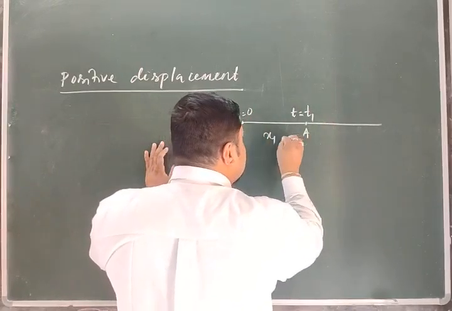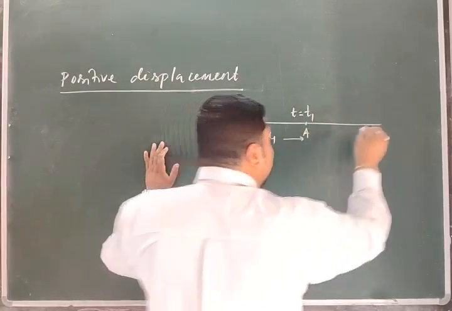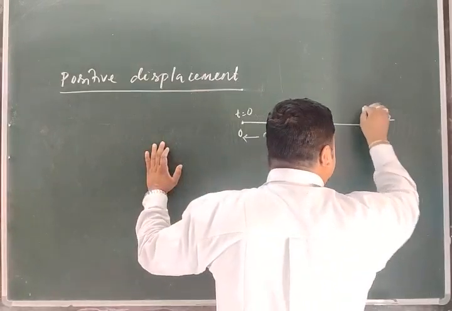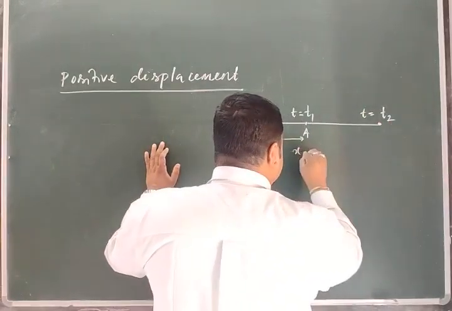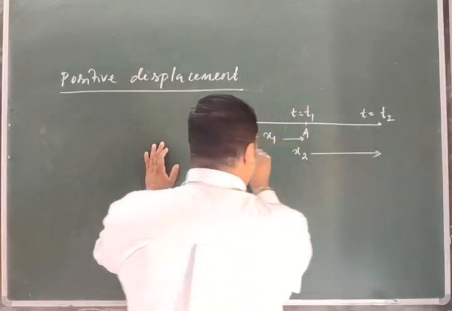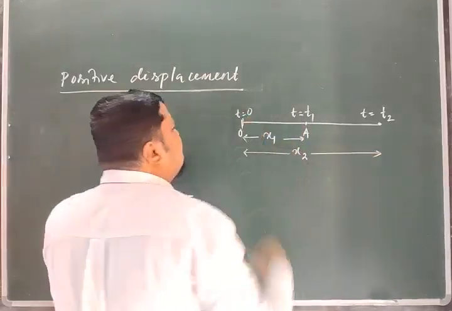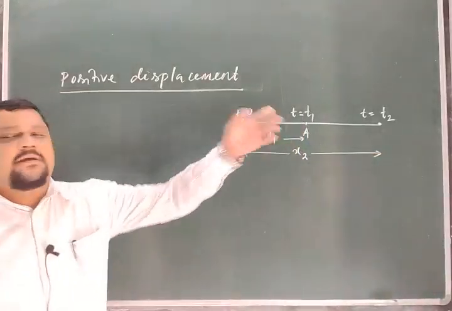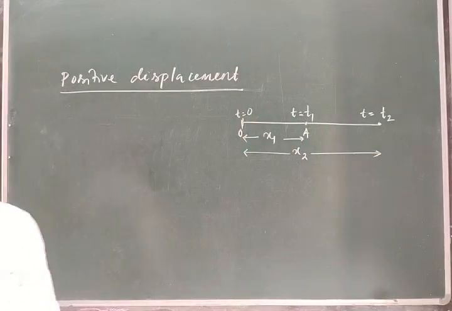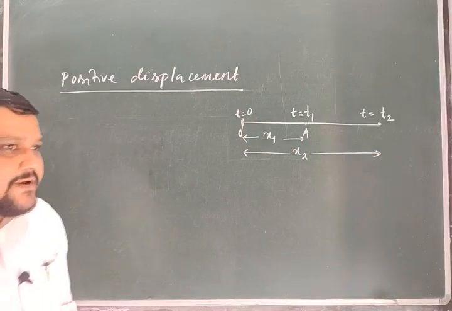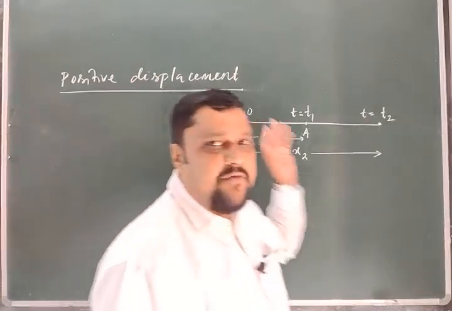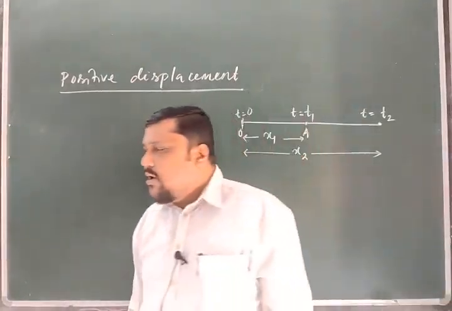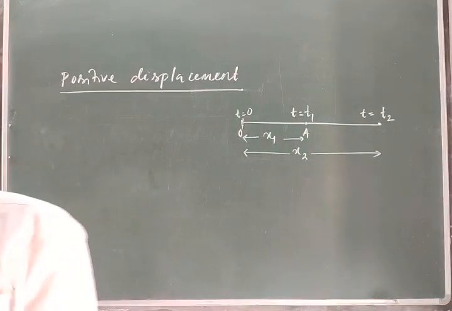It covers the distance x1. Then at time t equal to t2, it covers x2 distance from the origin where we are observing all these events. That is also called the frame of reference. You are standing at O and observing the position of the particle.